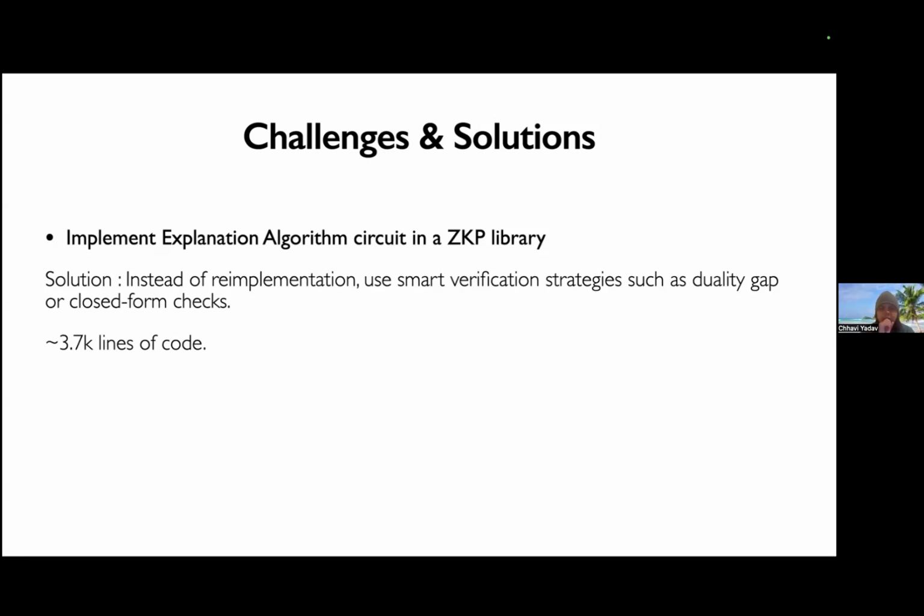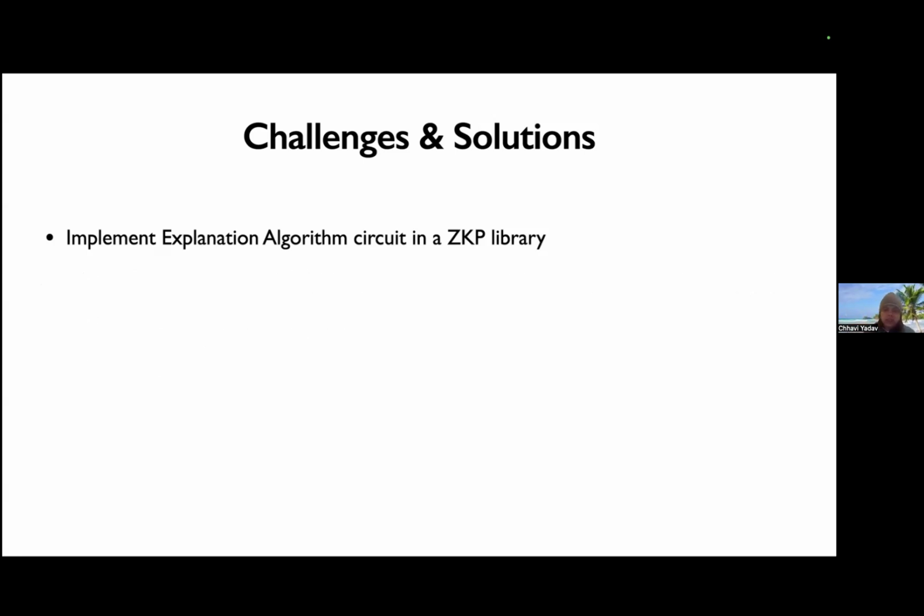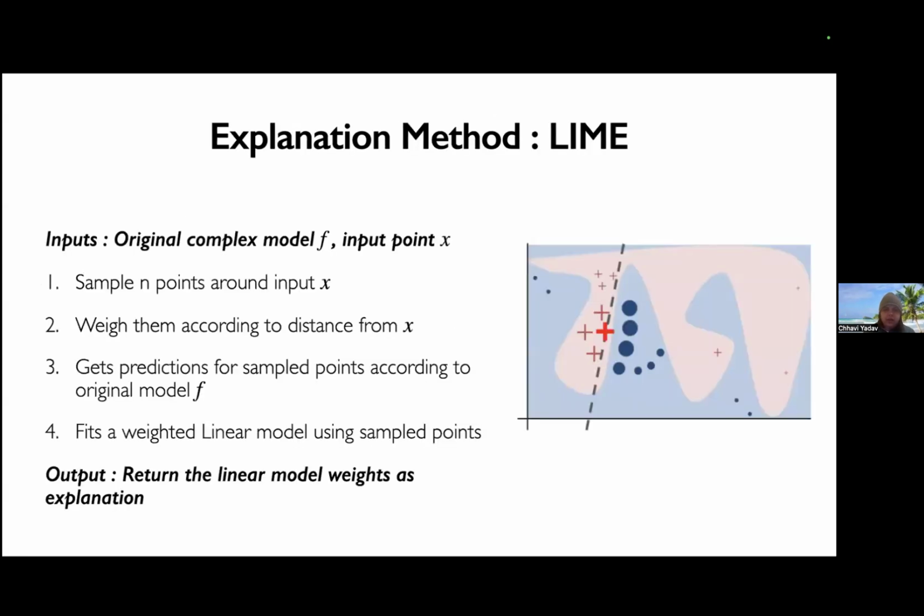Just to give an overview about circuits, for each line of LIME, we want to check that each step's output is correct or as expected. One way of doing that is you do the entire process. So if you want to sample n points around the input, whatever the Python code is to sample n points, you repeat that exactly in the circuit.